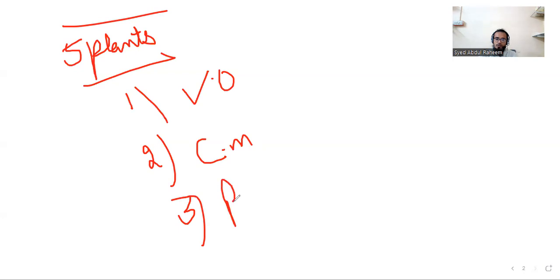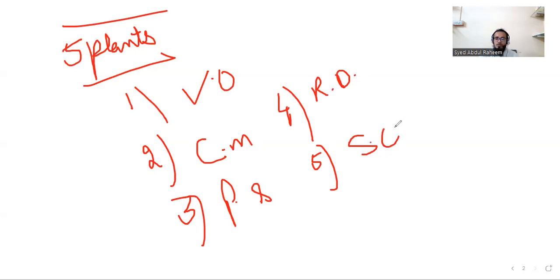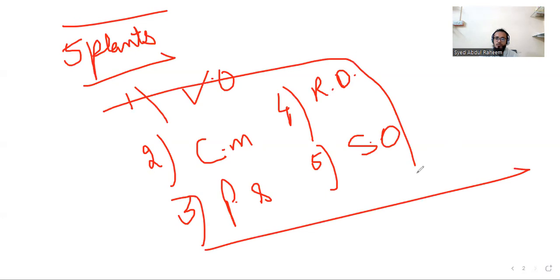Those plants are seen in other families. And we have Rhus toxicodendron. The fifth one is Symphytum officinale. This is the special remedy in C for Symphytum officinale. So all these 5 plants are added in C4.